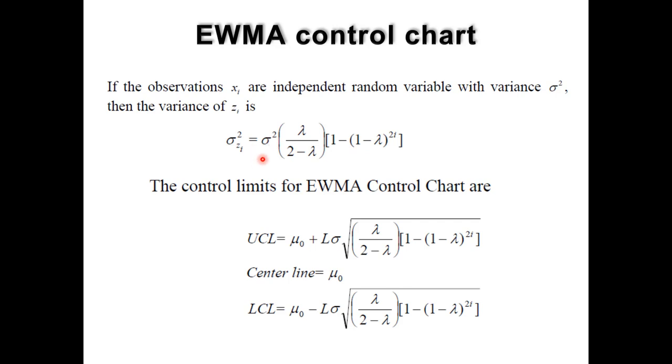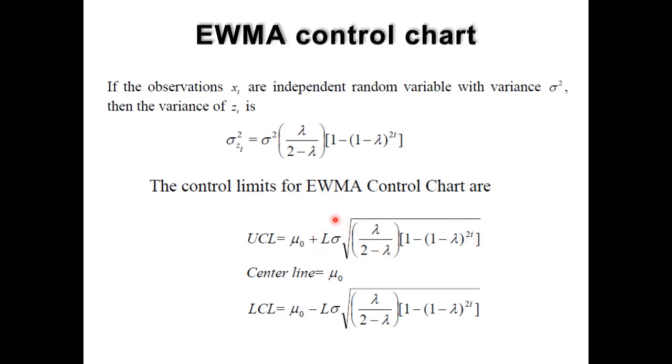So when you take the square root of the whole variance, you will get sigma times the square root of lambda divided by 2 minus lambda, whole thing, times 1 minus, in bracket, 1 minus lambda to the power of 2 times i. Okay, so take note here.